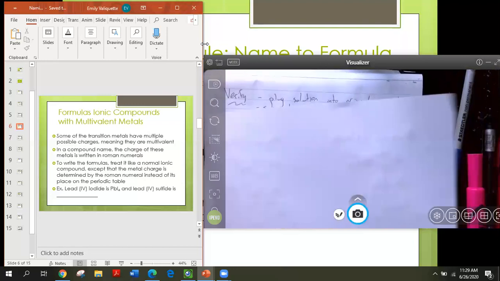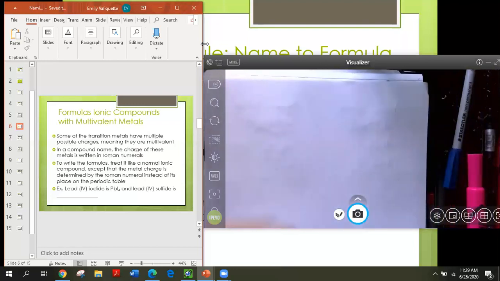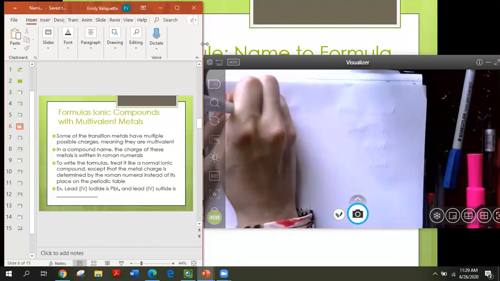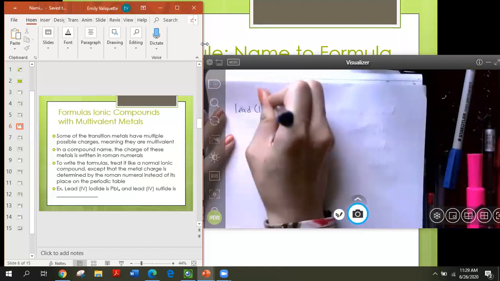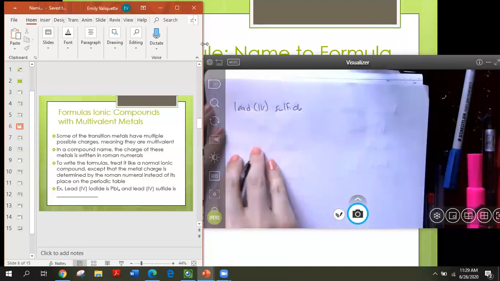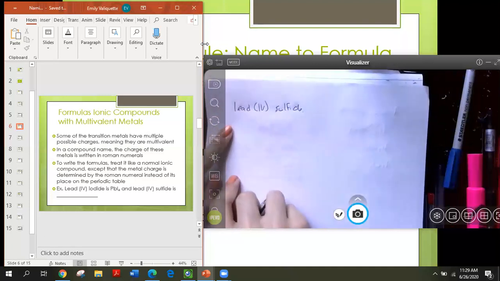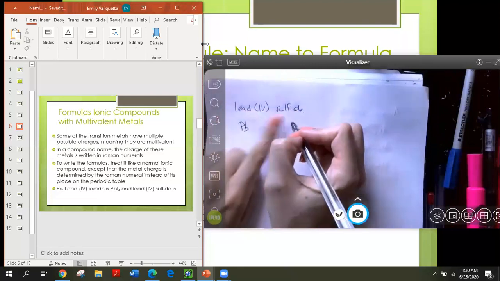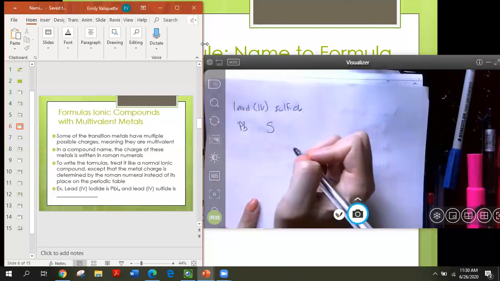So for the example I have at the bottom there, we have lead 4 sulfide. Again, when we're given the name and going to the formula, I'm just going to write the symbol for lead, which is Pb, and the symbol for sulfur, which is S.